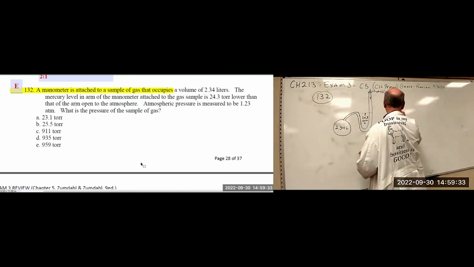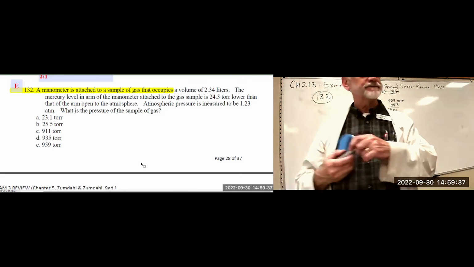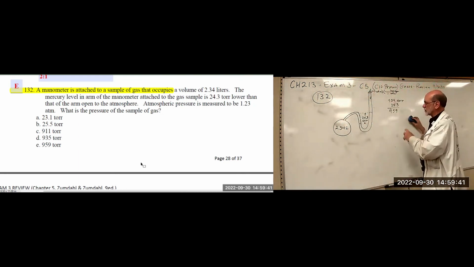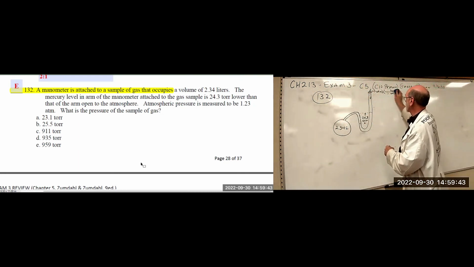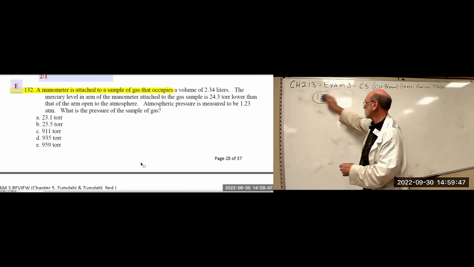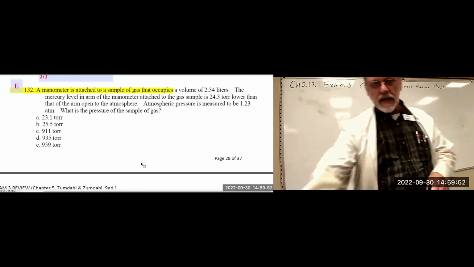There it is. E. Okay. So this one, it really helps to draw a picture to get an idea of what they're asking here. Now, do I have any more?